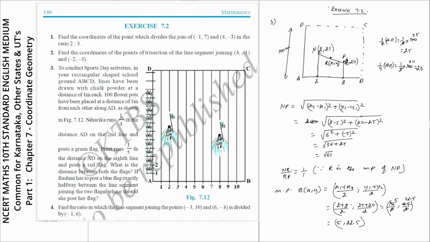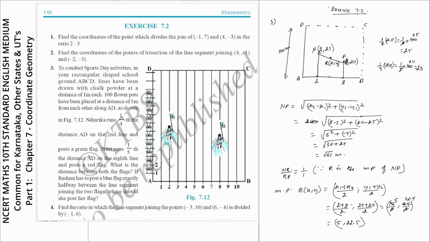So Rashmi should start on track 5 and after 22.5 meters she should post the flag. The distance given is in meters, therefore NP will be equal to square root of 61 meters, and Rashmi should start from track 5 and post at a distance of 22.5 meters.